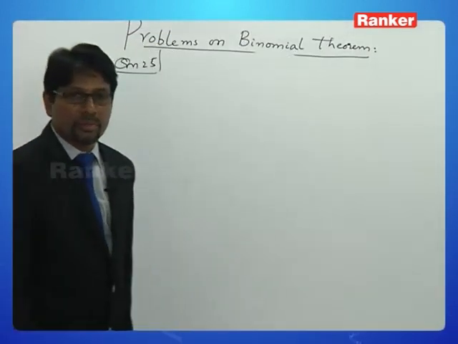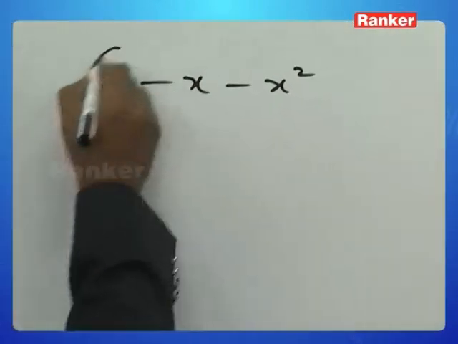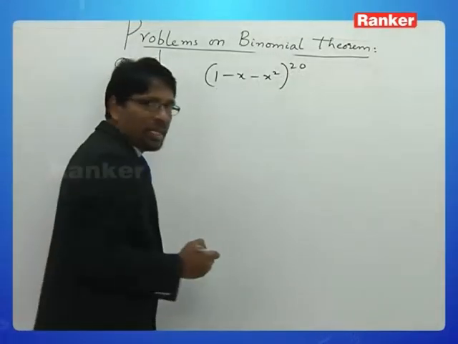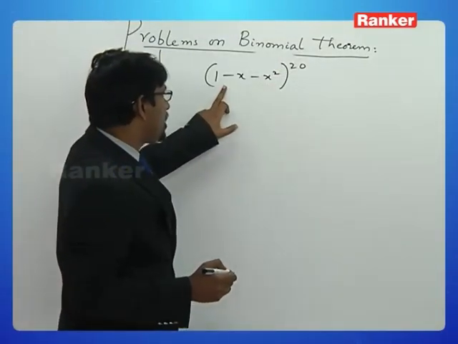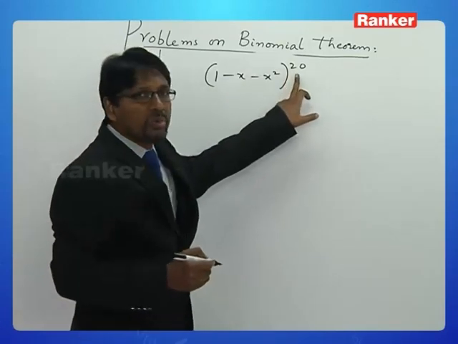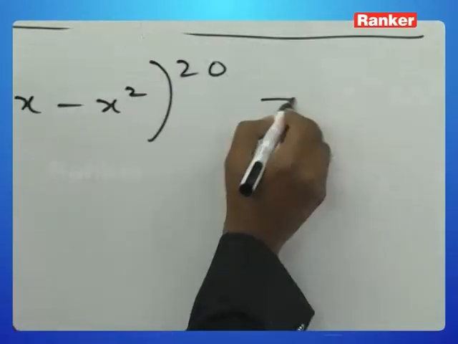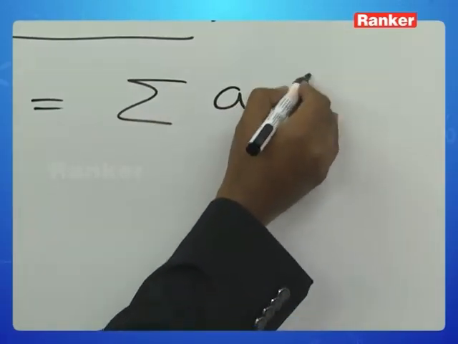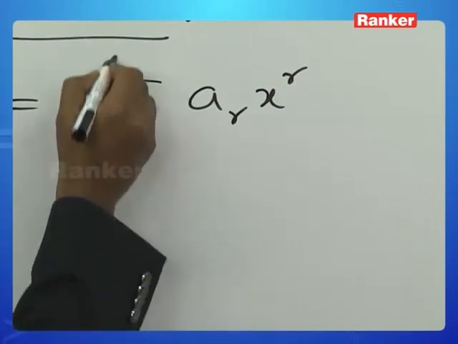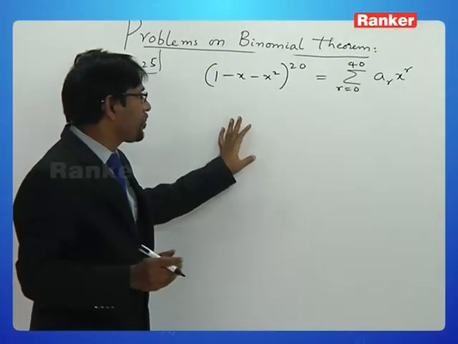Let's have a look at this. (1 minus x squared) raised to the power 20, that's the left hand side. Observe that this is a quadratic raised to the power 20. That should be a 40th degree polynomial, and that's what has been written in the summation Ar x power r ranging from 0 to 40. That's clearly a 40th degree polynomial.